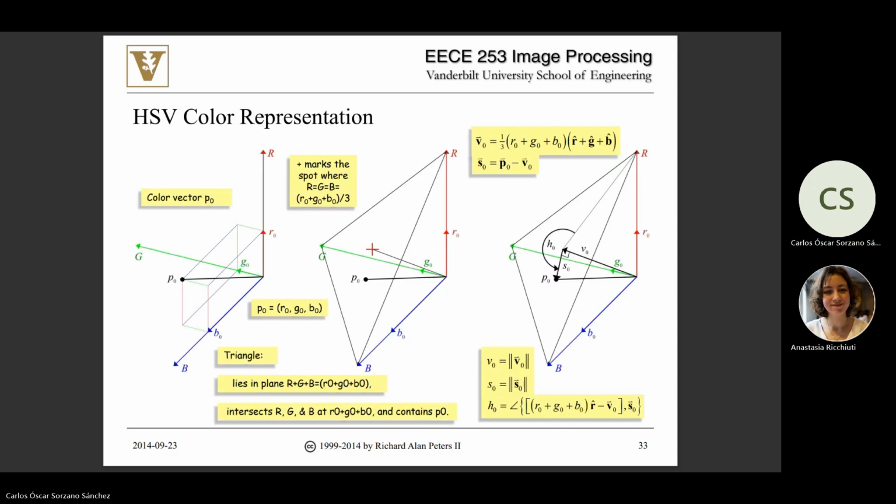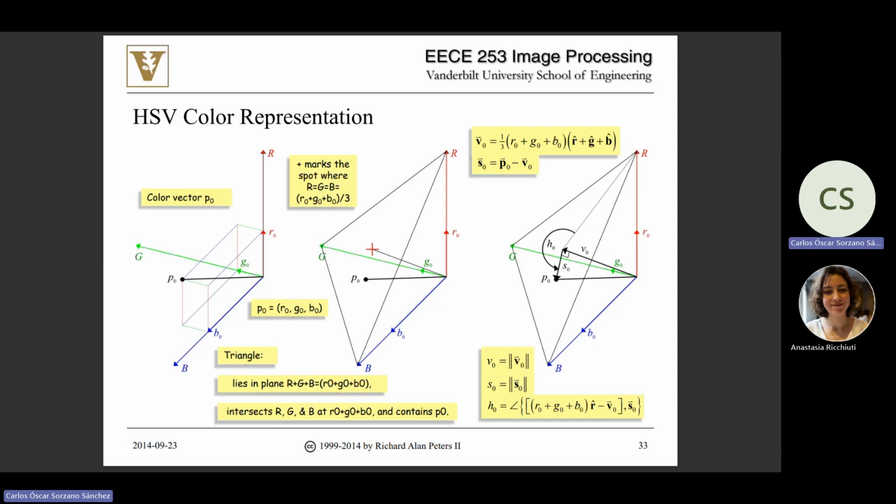And when we look at the cube from that corner, the origin is again there. So we have the three unit axes: red, green, and blue. Let's say that you have a particular color, R0, G0, B0, but it gives you this color here.